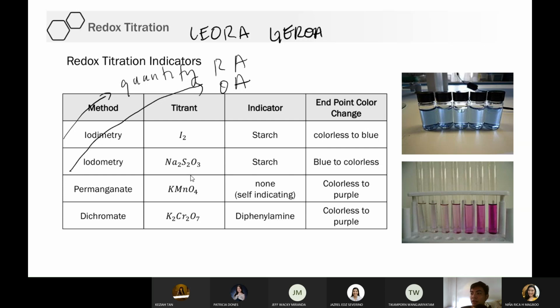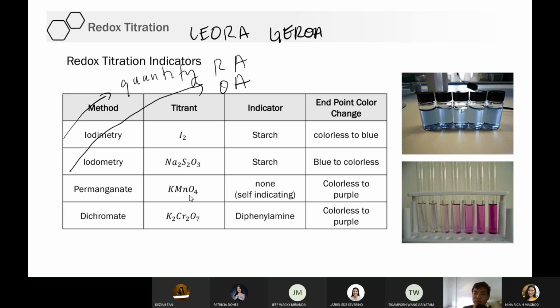The thing about permanganate, let me share my experience with this, is that it is light sensitive. That means when you are doing titrations using the permanganate method, you should do this in darkness. When I did it during my undergrad, we shut the lights, we shut the windows closed, and we only used dim light so we could monitor the volume change or the color change.